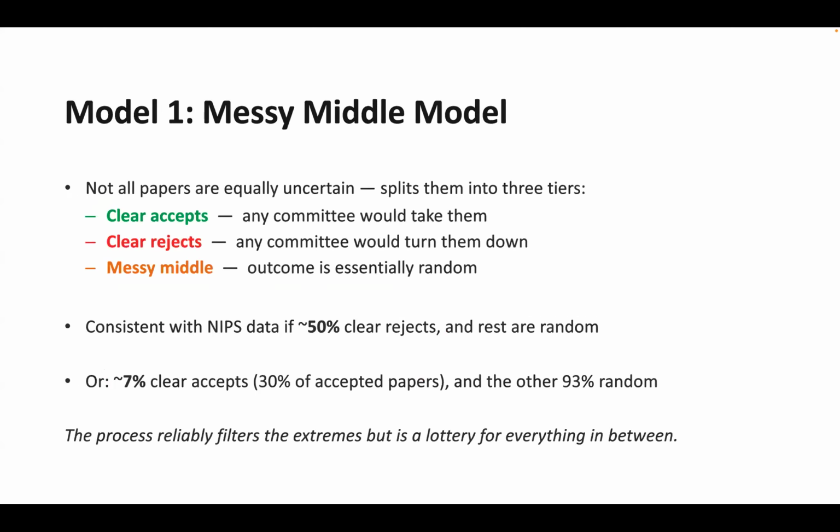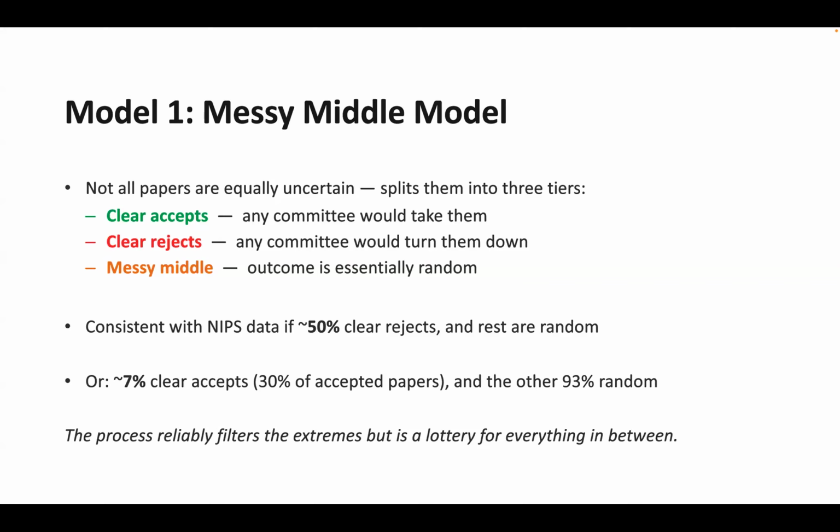Okay. So that was the experiment. These are the results. Now there are two different models proposed in the blog post that can explain these results. The first model they call the messy middle model, where there are some clear accepts and clear rejects, which the committee will accept or reject, but there is a messy middle where the outcome is essentially random.